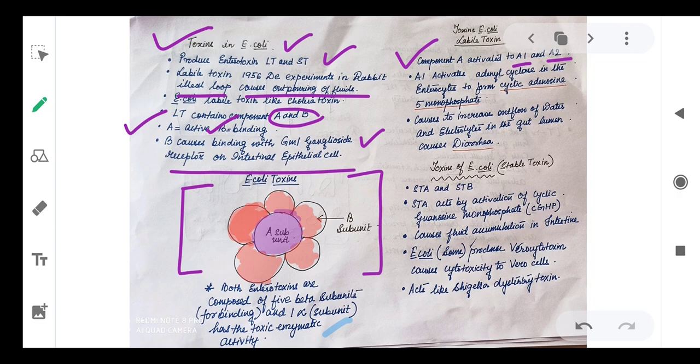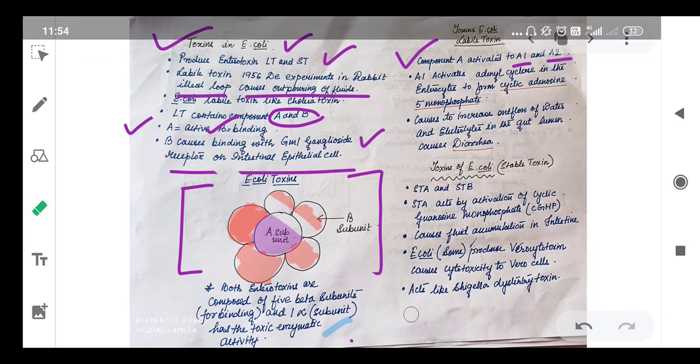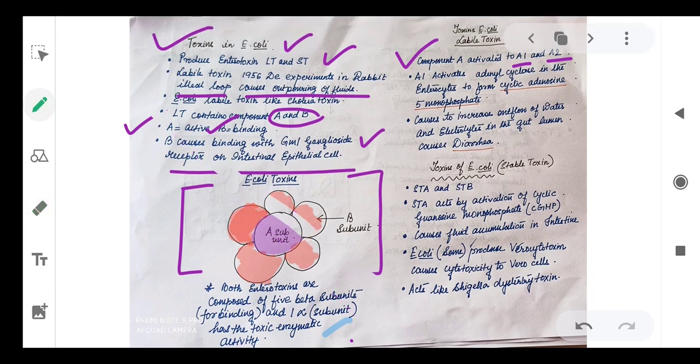This A1 basically activates adenylate cyclase, and this will result in production of cyclic adenosine monophosphate, and this will increase the outflow of water and electrolyte in the gut lumen, causing your diarrhea.